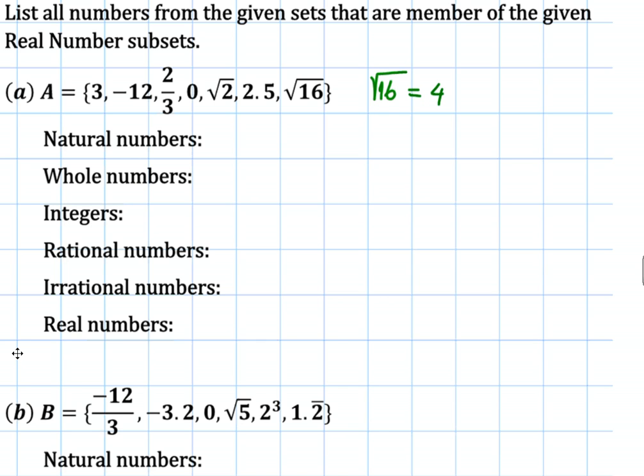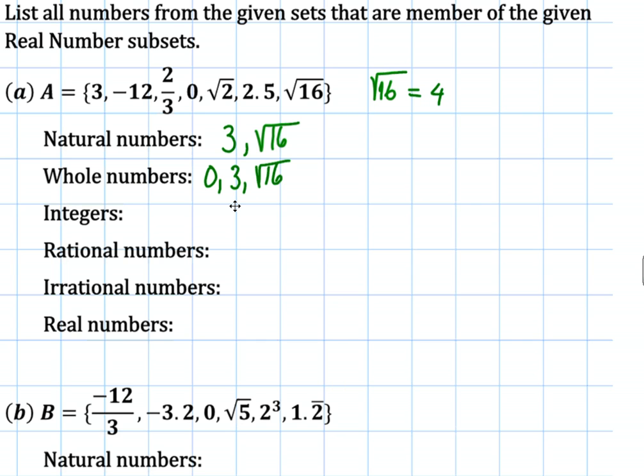Our natural numbers, what did we say? They were our counting numbers, 1, 2, 3. So from this group we have 3. We look over and also the square root of 16 because we said it was 4. The whole numbers would add 0 to that. So I have 0, 3, square root of 16.